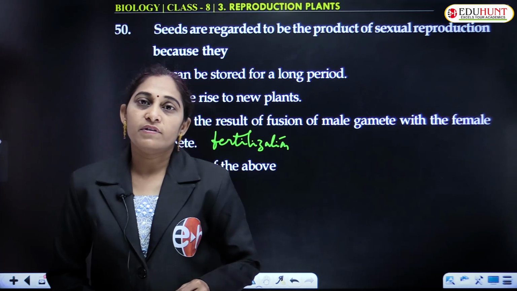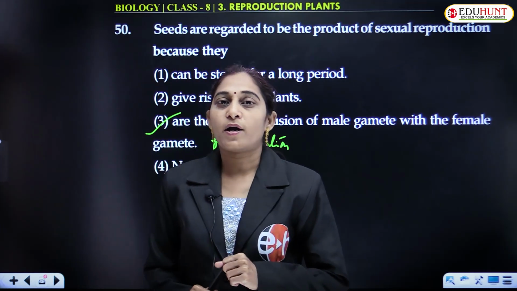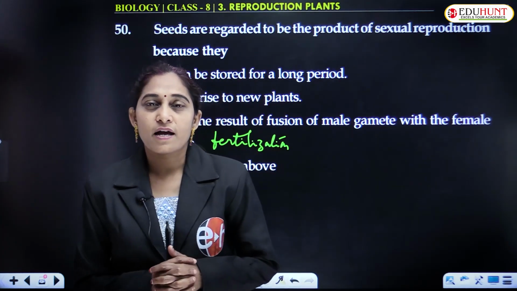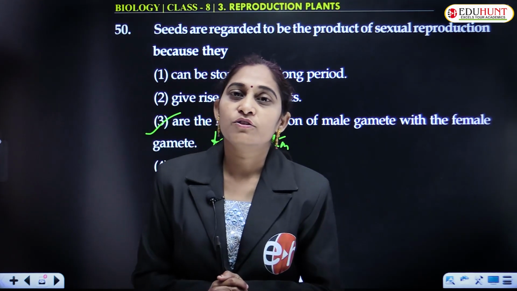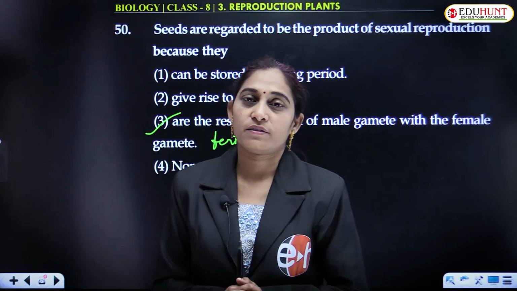In the next session, we will do some more examples from reproduction in plants. These questions are quite simple, but you need to choose the correct option without getting confused.